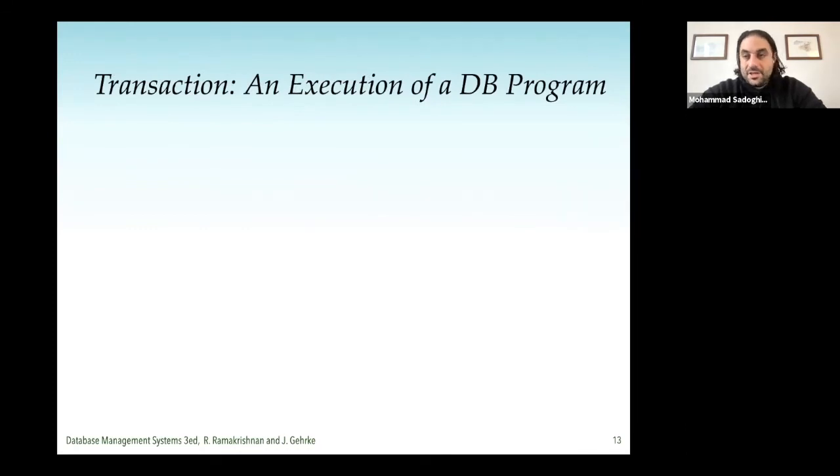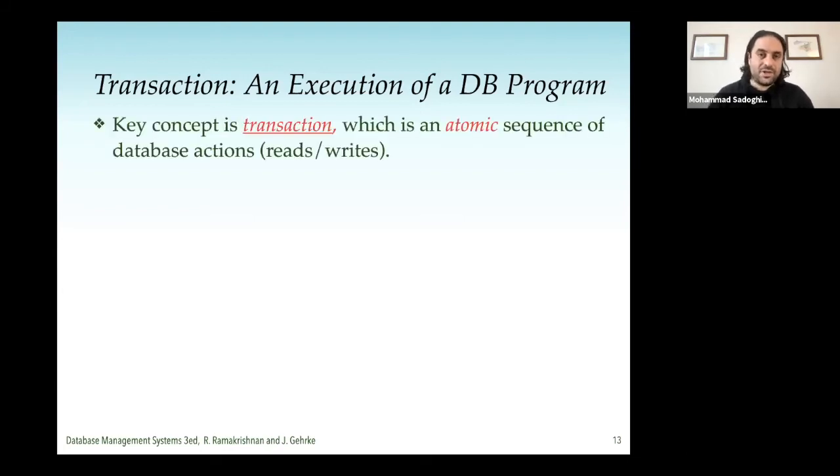And we'll now start defining what it means to have a correct execution. The notion of correct execution is really captured in the concept of transaction. And again, Jim Gray has done seminal work in this area.